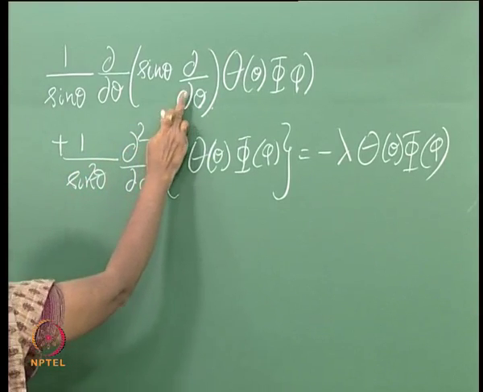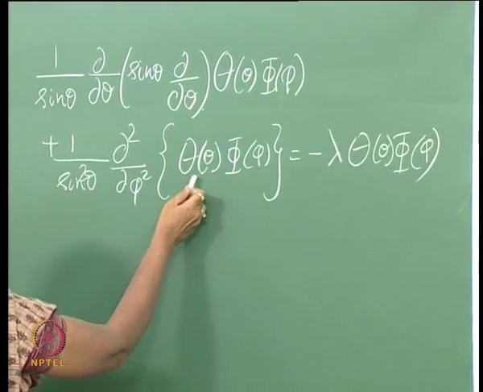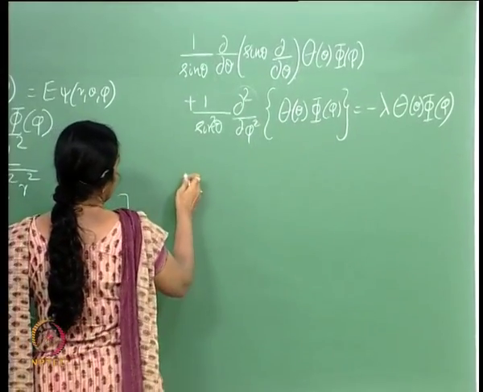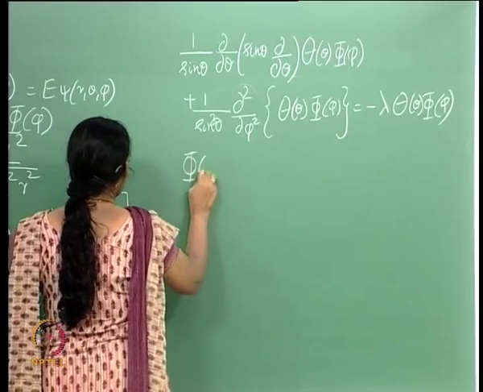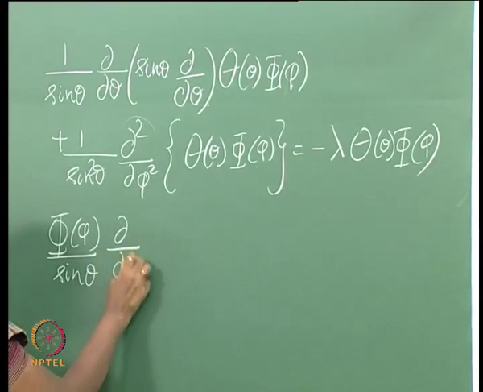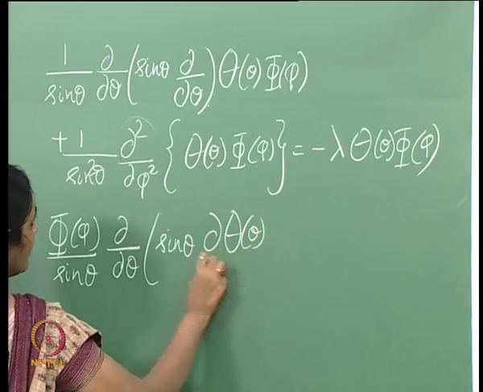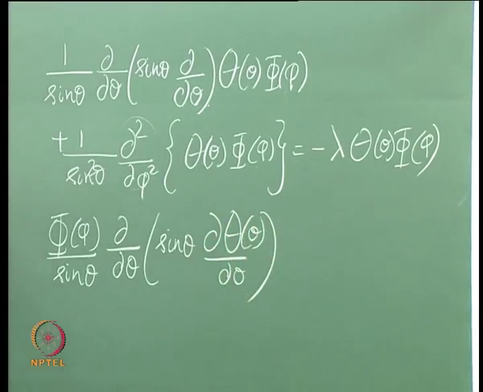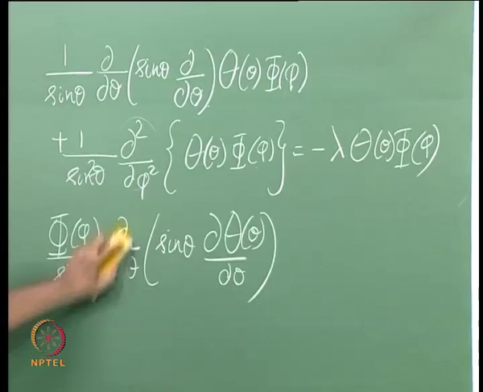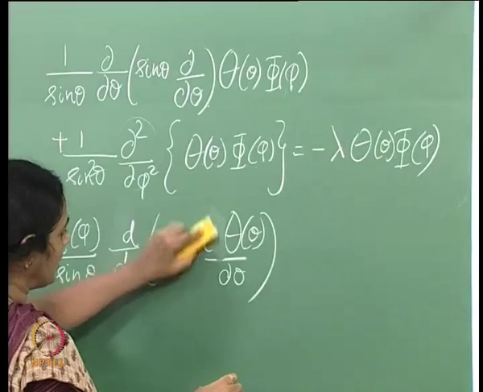Of course, it is clear that this acts only on theta and not on phi, and this operator acts only on phi and not on theta. So, I have Phi of phi by sine theta delta by delta theta of sine theta delta Theta by delta theta. But remember that I can now replace a partial derivative with the total derivative, because what I have here is only a function of theta.